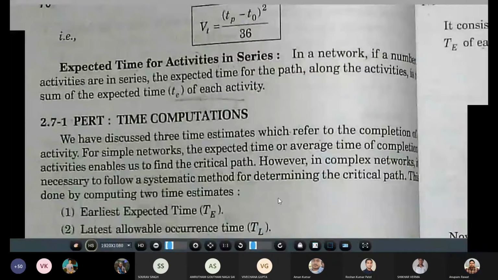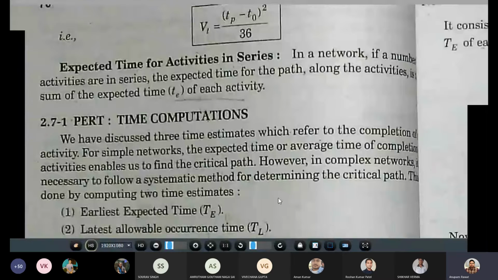We can also understand it as a beta distribution, which fits well with the PERT analysis. The beta distribution is a probability distribution which is not symmetrical about its apex.